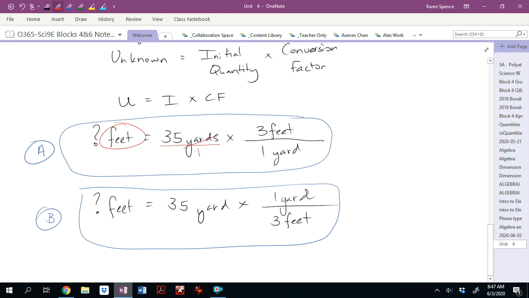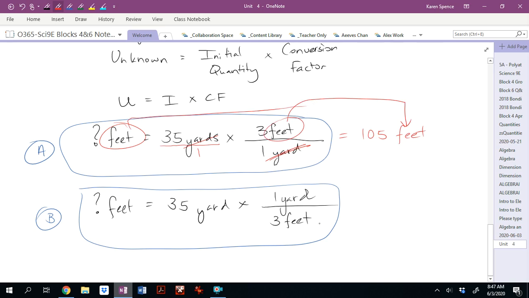So yards will cancel with yards because I have yards on the top, yards on the bottom, and the only unit I'm left with is feet. So 35 times 3 is 105 feet. And my units worked. What did I want? I wanted feet and I ended up with feet.